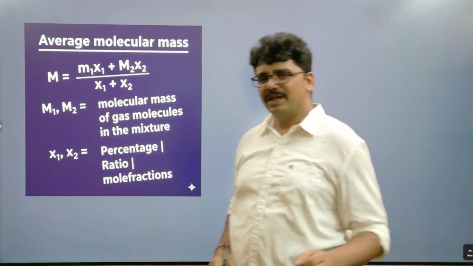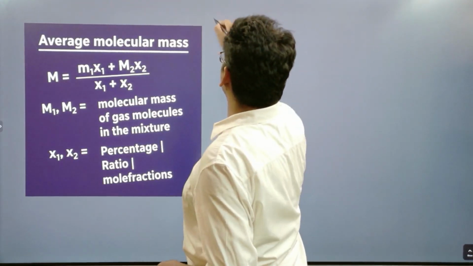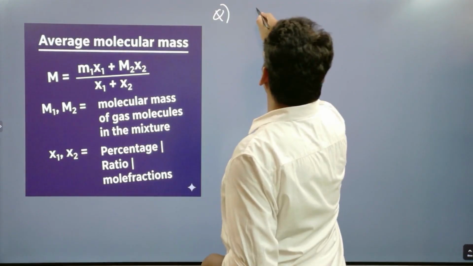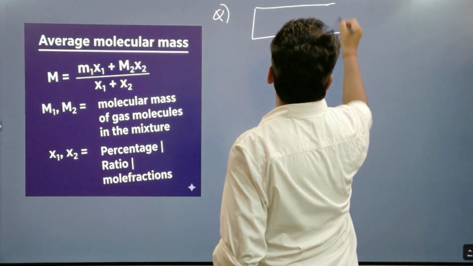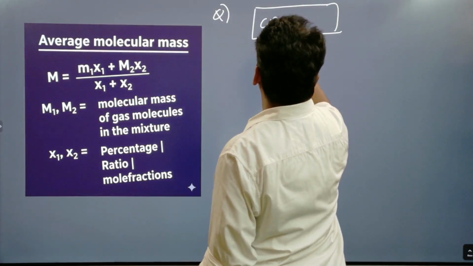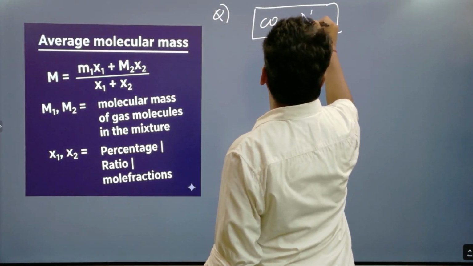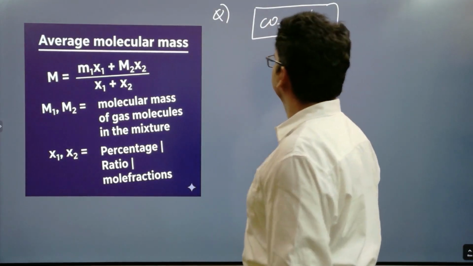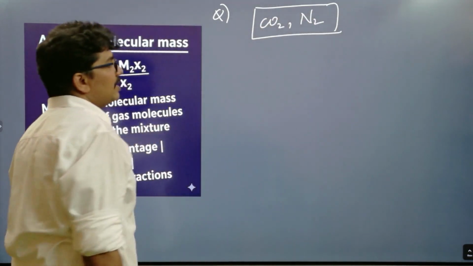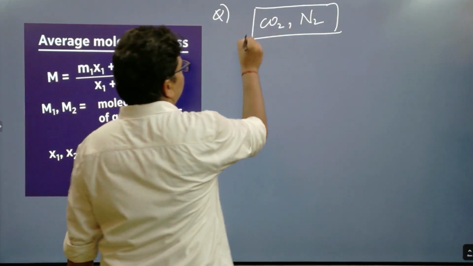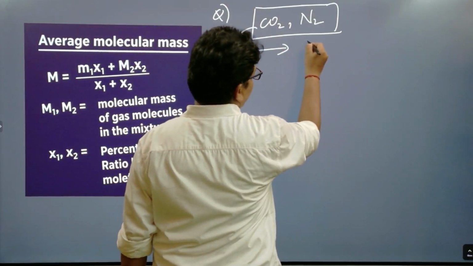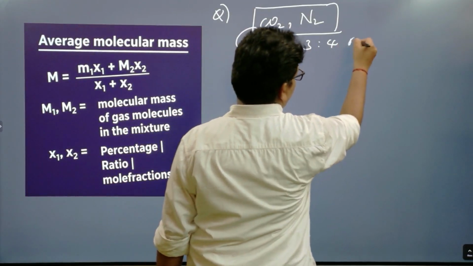To understand this formula, I will take a simple example. In a container, we have two gases, carbon dioxide and nitrogen gases. This carbon dioxide and nitrogen gases are in 3:4 ratio.